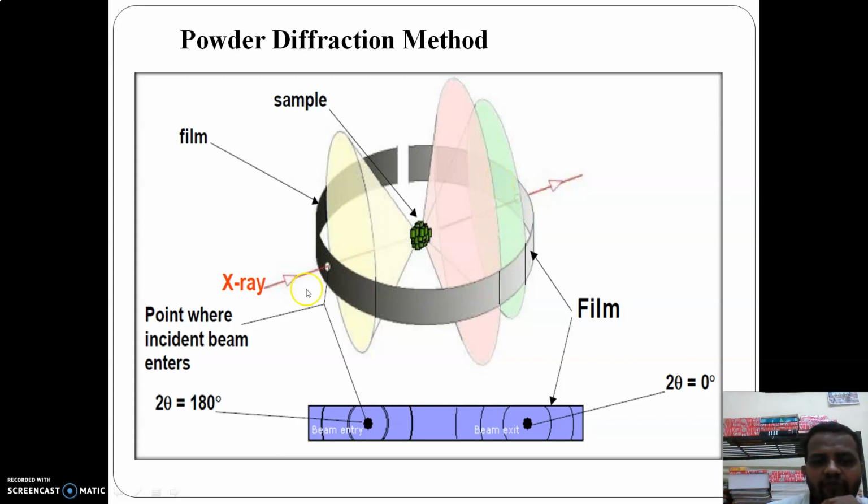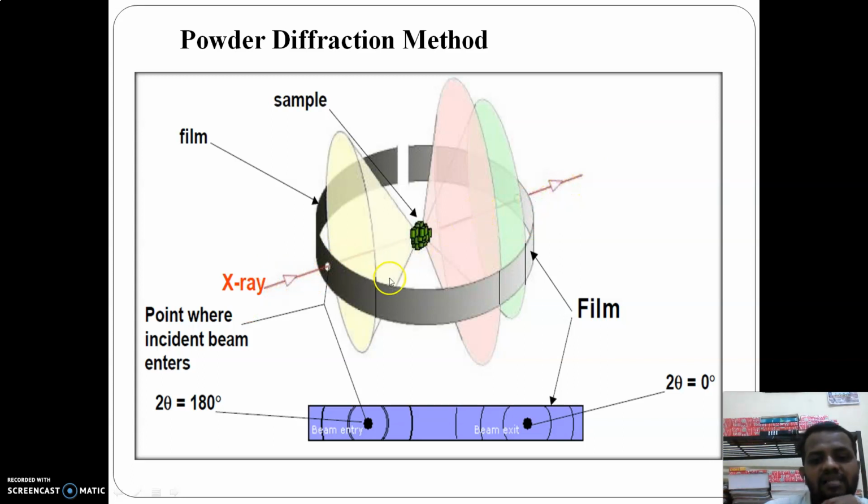This photographic film has two openings. The first opening is at the entrance, which will be referred to as the entrance slit, and the second opening is at the back, which will be referred to as the exit slit. So that the X-ray can enter and can leave the photographic film.